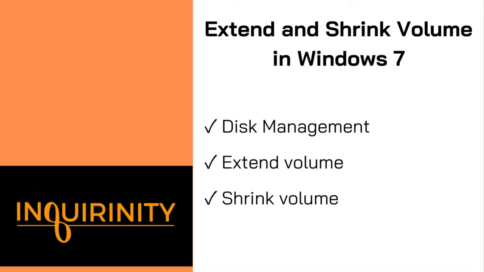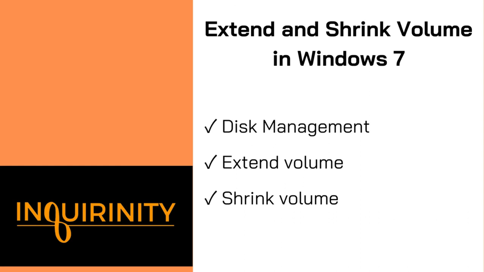So in this extend and shrink volume in Windows 7 video, we started with how to open the disk management utility, a built-in utility in Windows 7, in order to extend and shrink volume. We then proceeded on how to extend the volume. Basically, to extend the volume is to increase the capacity by using the free space available in our disk.